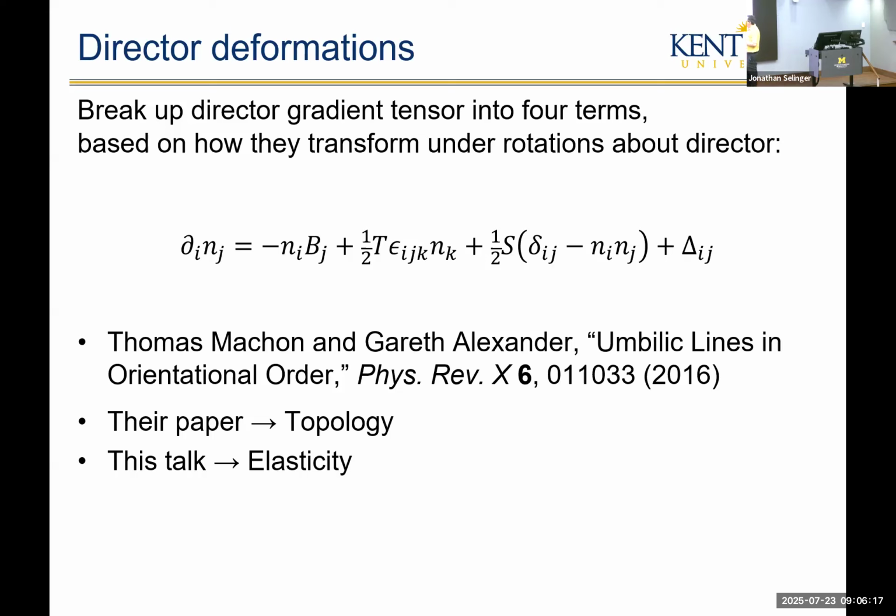That can be broken up into three types of mathematical objects. Or, for those of you who like group theory, it's four mathematical objects, or four irreducible representations of the rotation group. This was a construction first done by Selinger and Alexander in 2016.